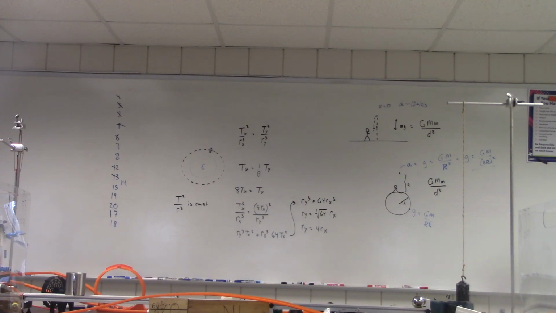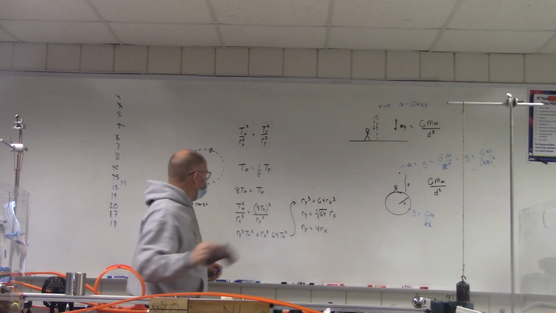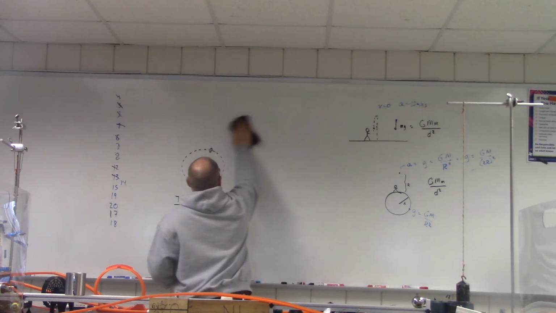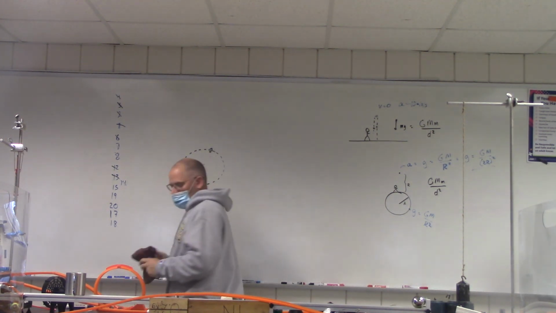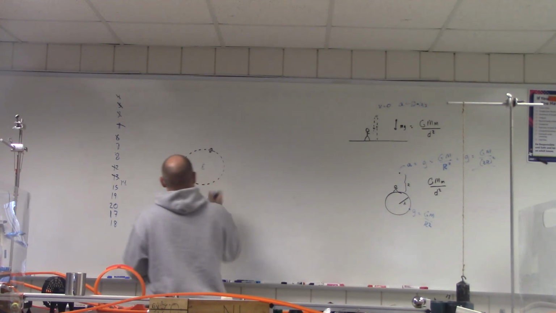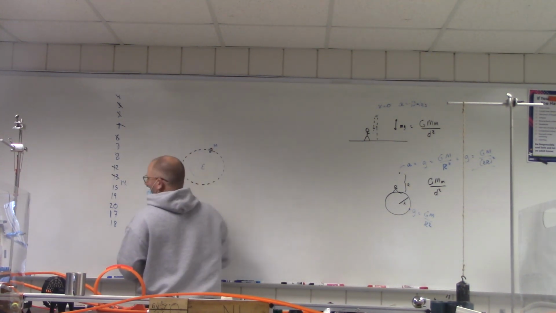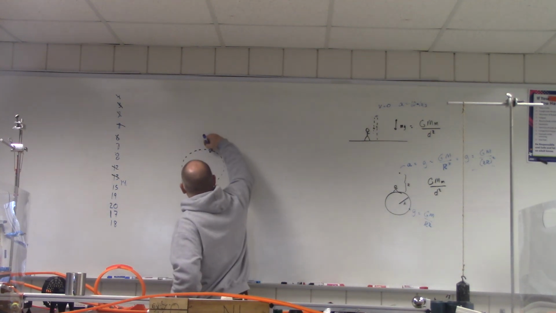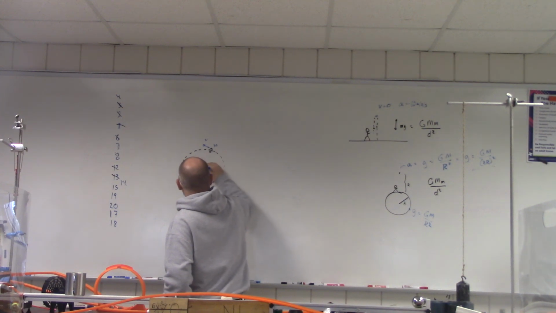A satellite M moves in circular orbit with radius r at a constant speed v. True statements about the satellite include which of the following? I like this one. So we got a satellite here, mass m, speed v, radius r.